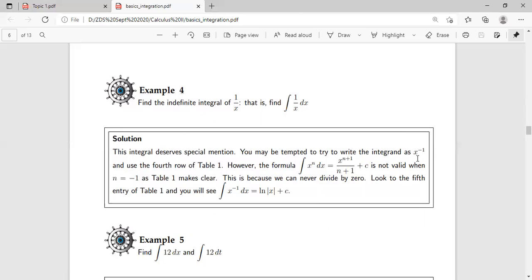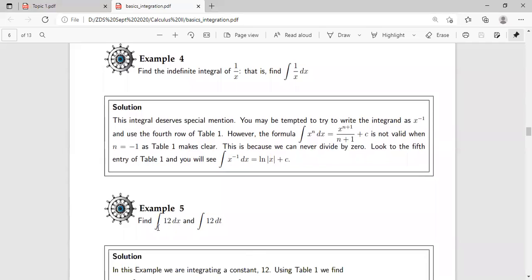And if you use the fourth row of table 1 of the formulas, you are going to lose it, because we said that formula cannot apply when n is -1. This is very clear because it will give us a 0. Instead, our integral of x raised to -1 will give us the natural logarithm of the absolute value of x plus c. So kindly note that.